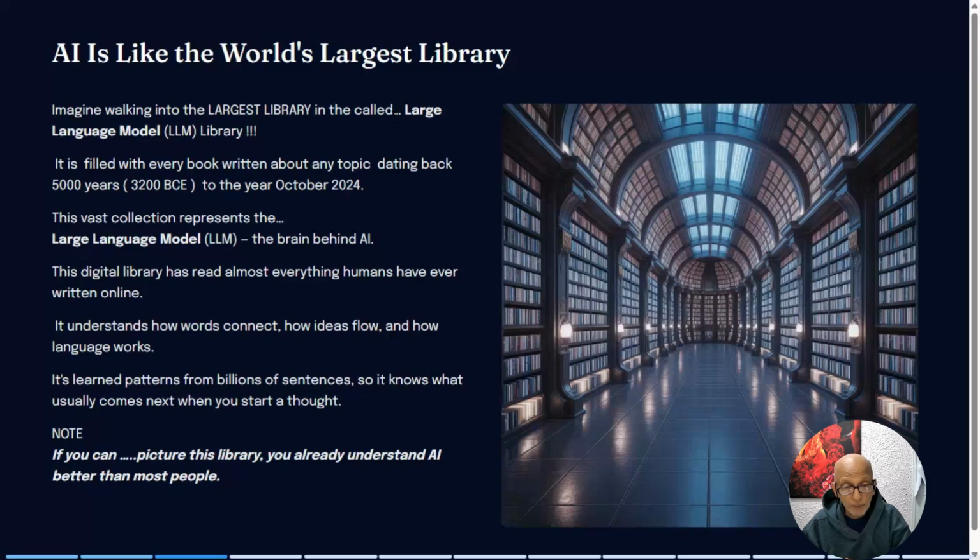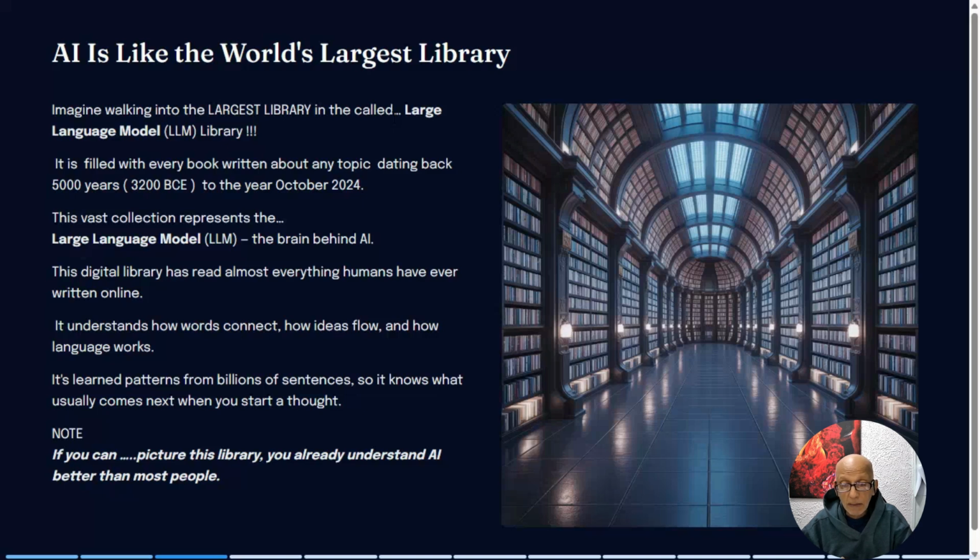First of all, you need to know that all the information in the world that's been put into that library, the AI library, or the world's largest library, dates back all the way 5,000 years back to the present, to October 2024.